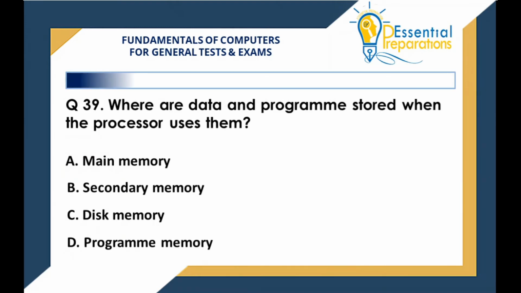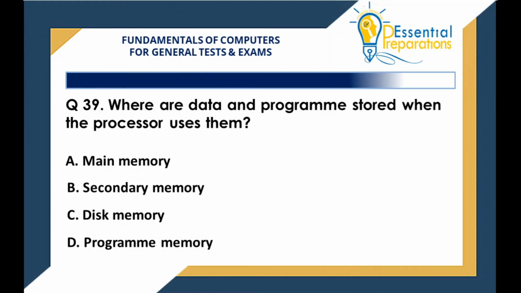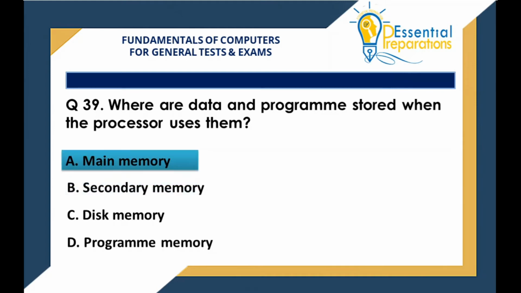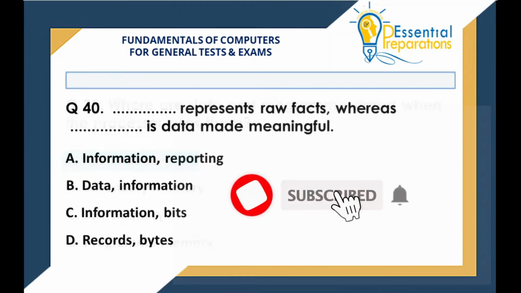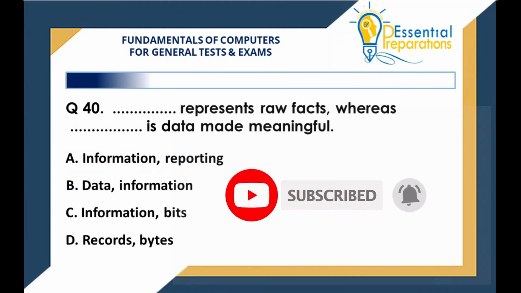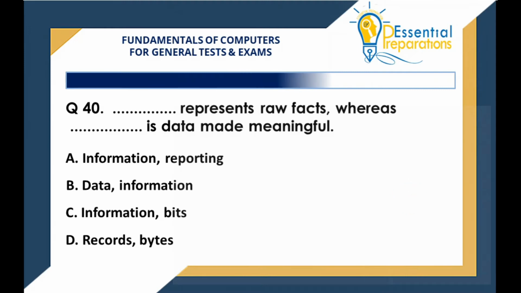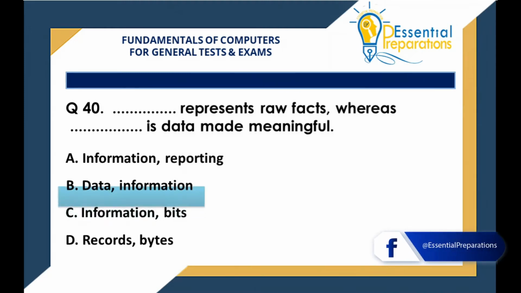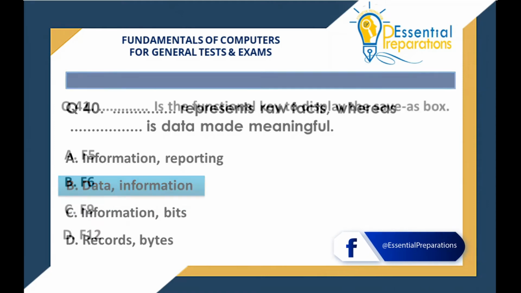Where are data and programs stored when the processor uses them? A. Main memory. Represents raw facts, whereas is data made meaningful? B. Data, information.